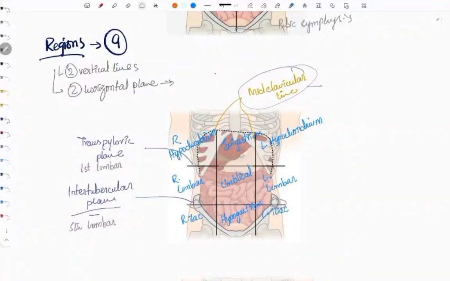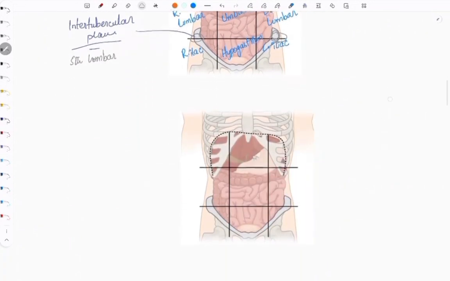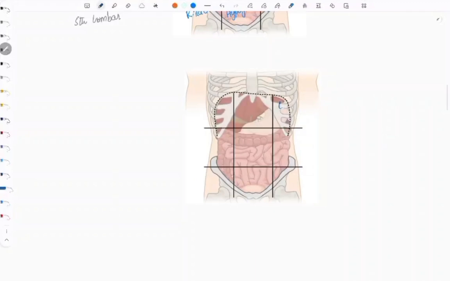Now let's go through the specific viscera that these 9 regions of anterior abdominal wall house, starting from the left hypochondrium. The structures that lie within the left hypochondrium are spleen, stomach, and left kidney.